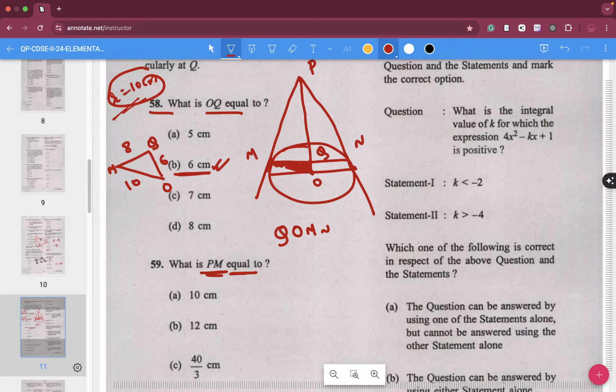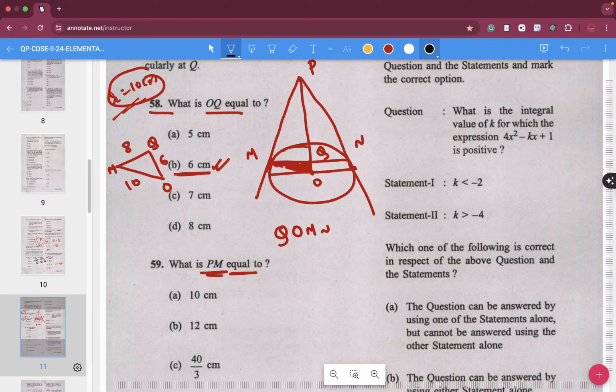QOM over here is similar to which particular one? Now over here, this POM.